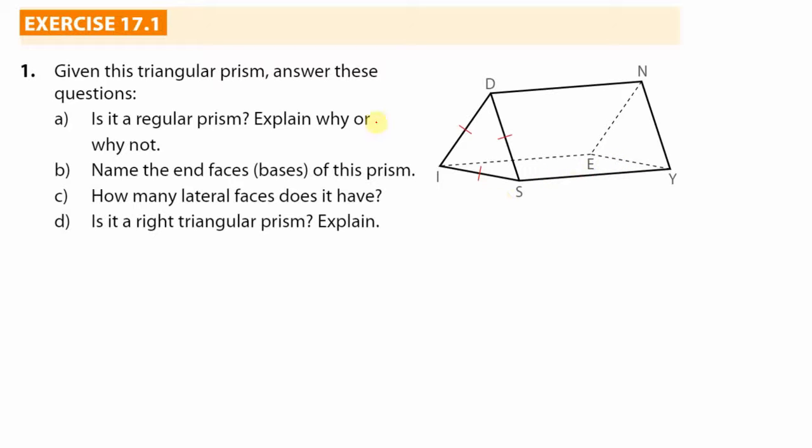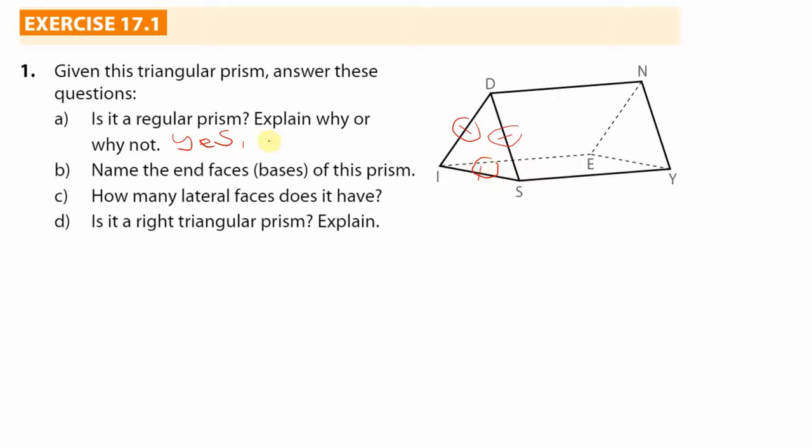faces. So is it a regular prism? Explain why or why not. Yes, it is a regular, because remember, what's the definition of a regular? It means that the sides of the bases are all of same length. And here we can see we have our symbol that shows that these three sides are the same length.